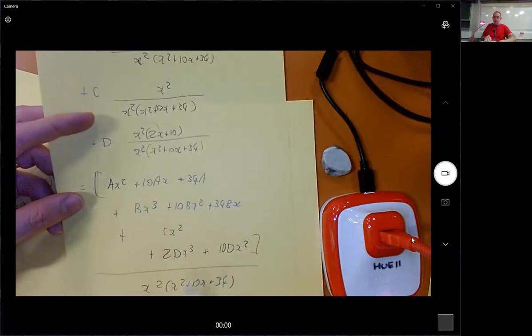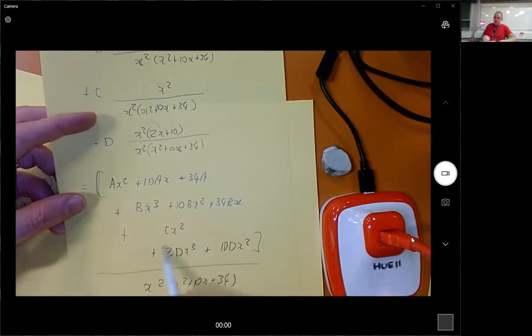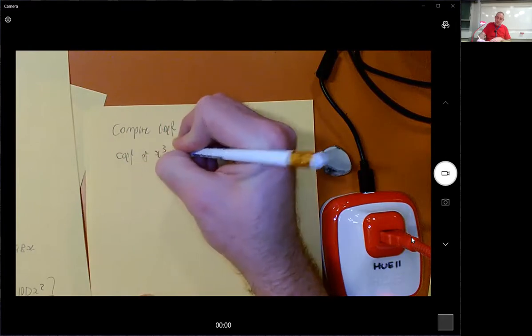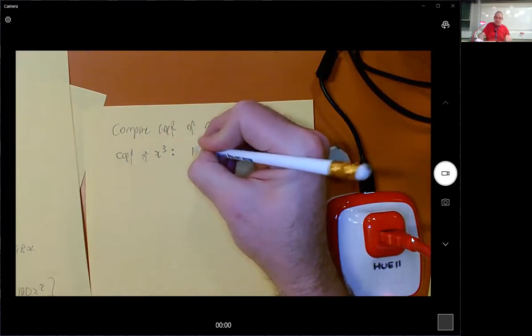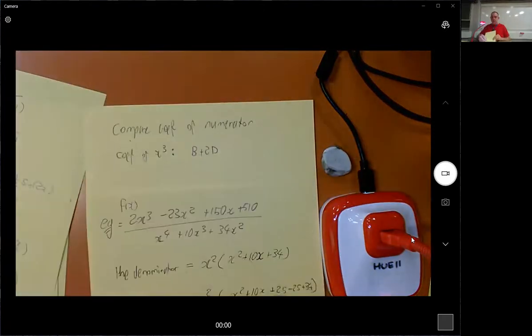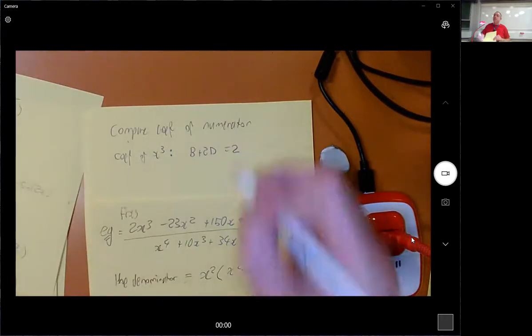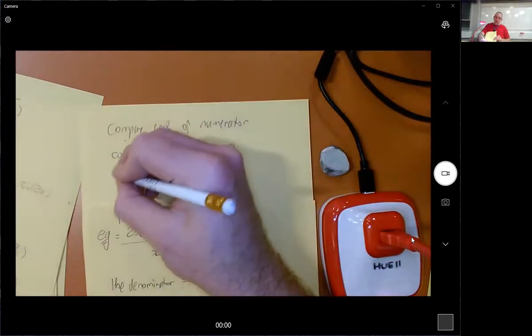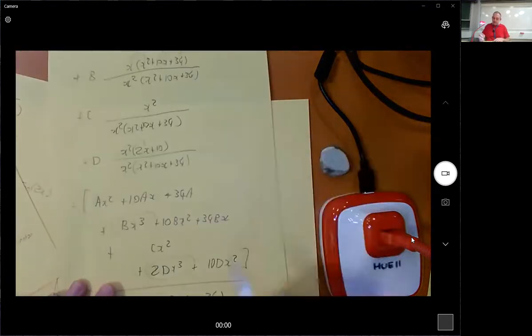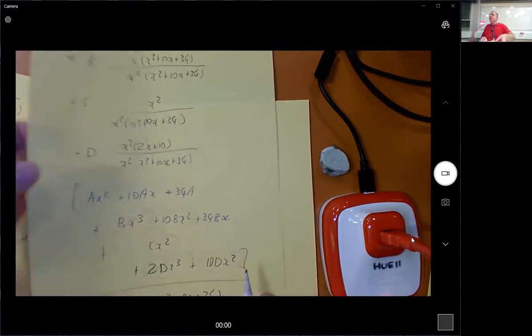In this version, for the x cubed, there's one here and there's one here. So the coefficient of x cubed in this version is b plus 2d, but back in the original function, it was 2. And the coefficient of x squared, now let's see, there's one here, there's one here, there's one here, there's one here. Oh, that's horrible, but there we go.